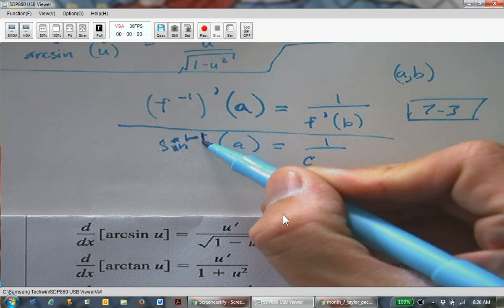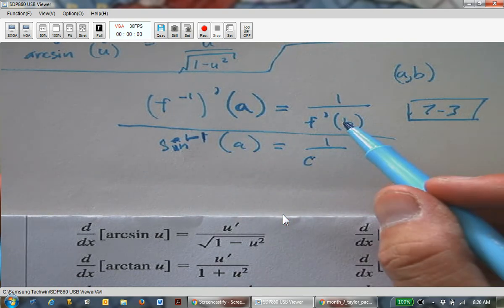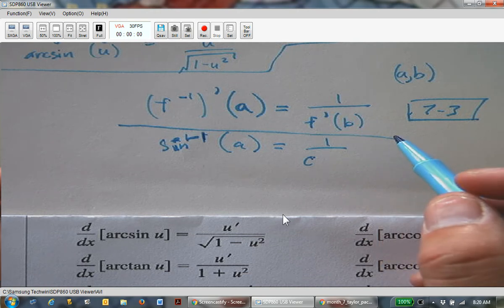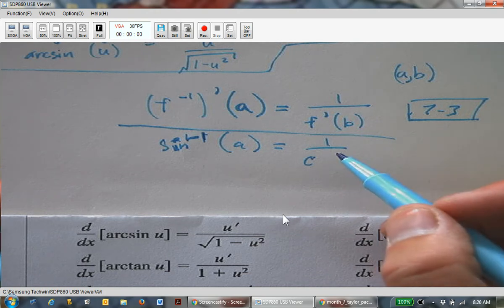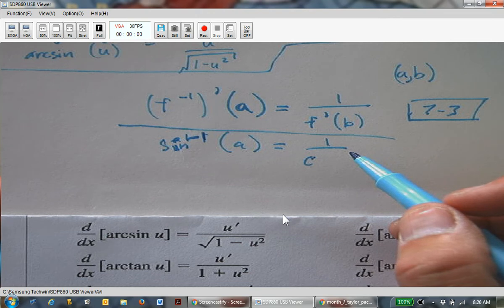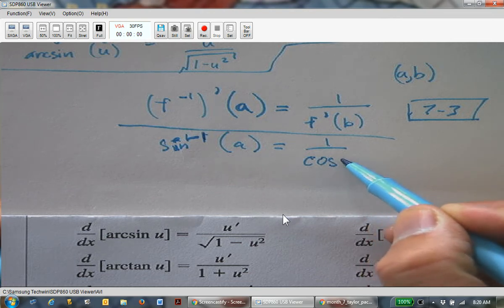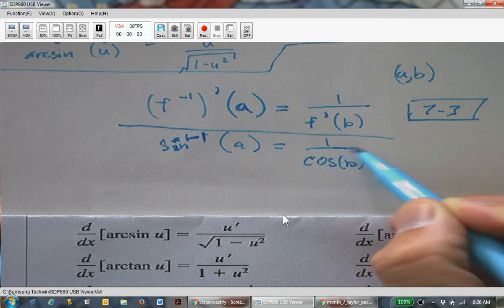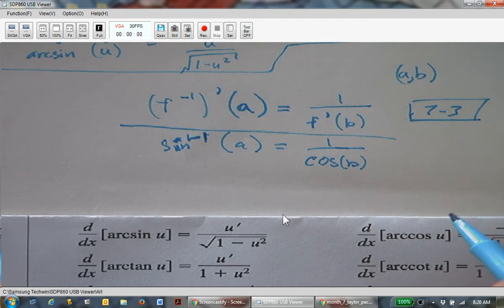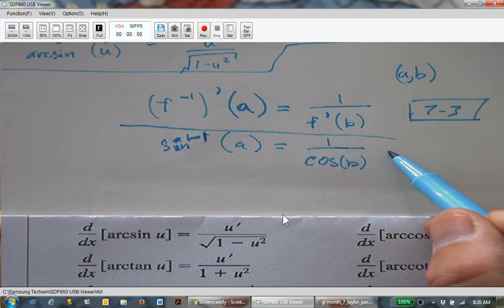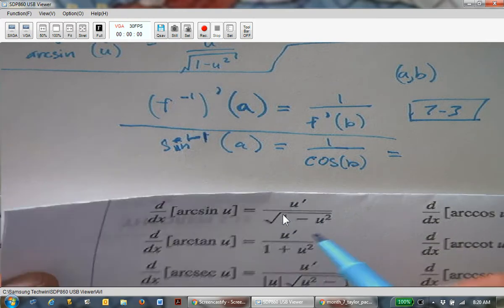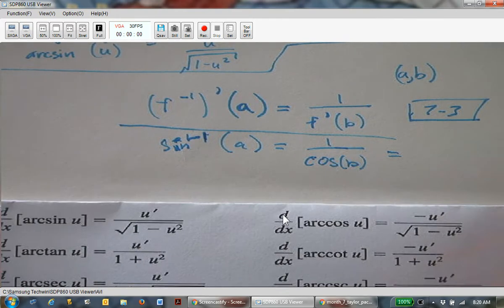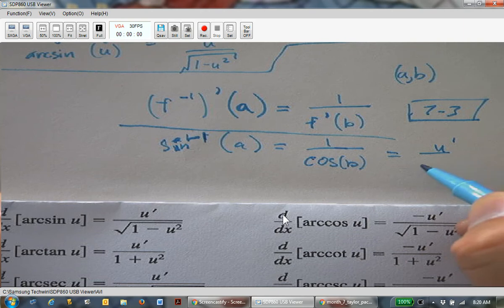Well, this is inverse sine. It's 1 over, not 1 over inverse sine, but 1 over cosine of B. But why is it that our paper down here says this odd statement here, u prime?